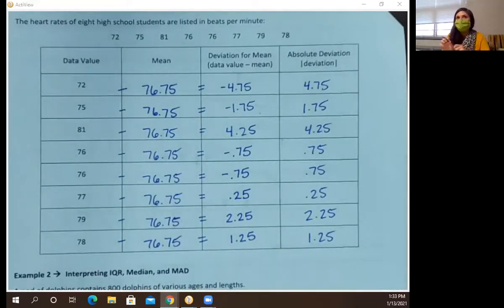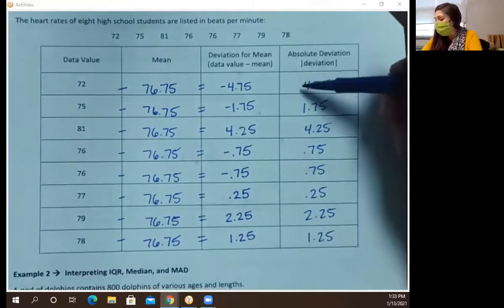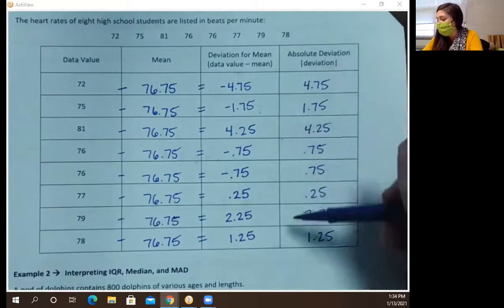And now find the mean of these values. Find the average of this column.